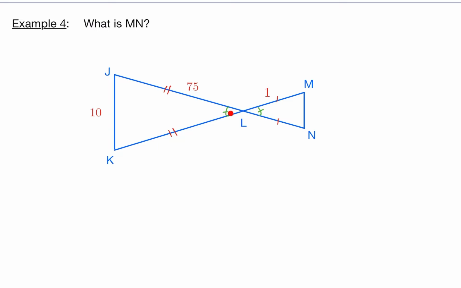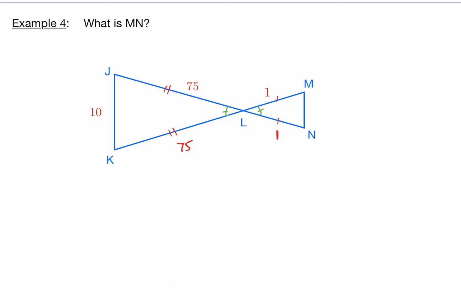So we have a set of angles that are equal to each other, and we have sides that are proportional to each other. And how do we know that? Well, see this double hash mark, this says it's 75, so this double hash mark is also 75. And then on the other side we have a single hash mark, and we're told that the length of this side of the triangle is 1, and so the length of the opposite side here is also 1.